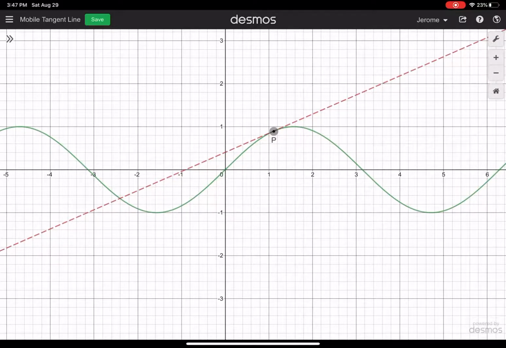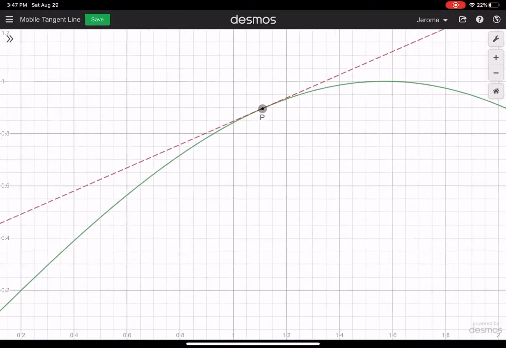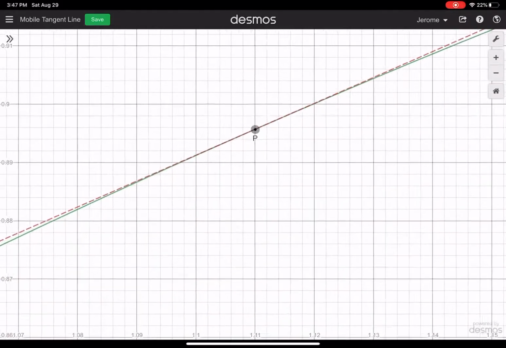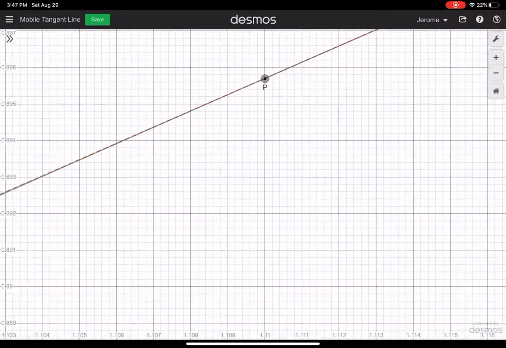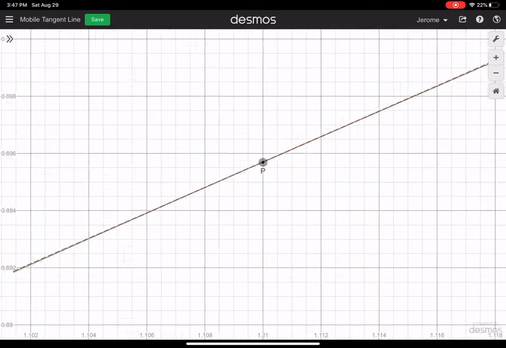But it's still tangent at point P. And what I also mentioned is, what do you think the graph looks like as we start to zoom in at that point P? I'm going to zoom in closer and closer and observe what is happening. You can see that the graph is starting to look more and more like that tangent line, right?